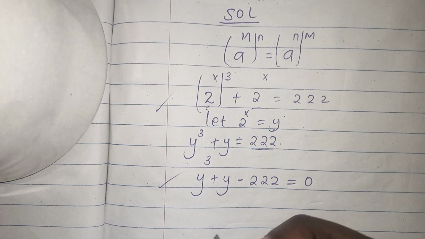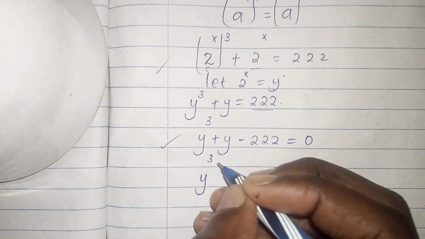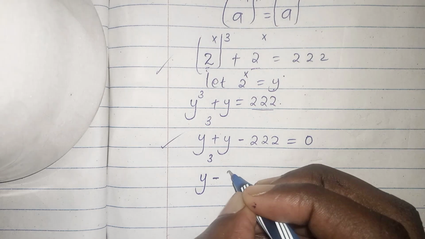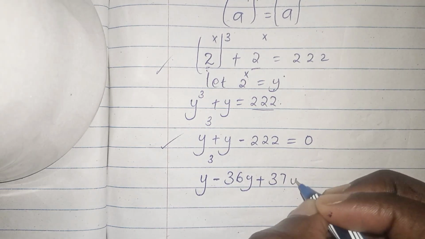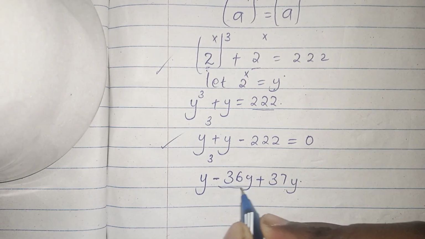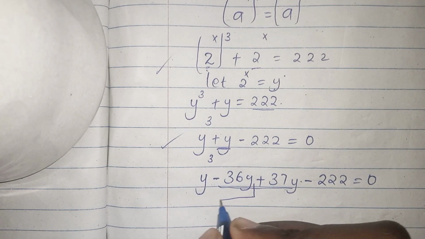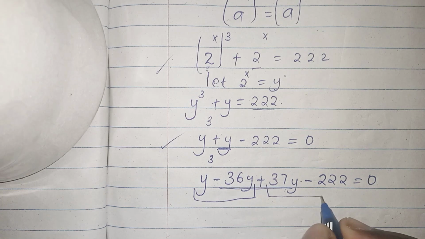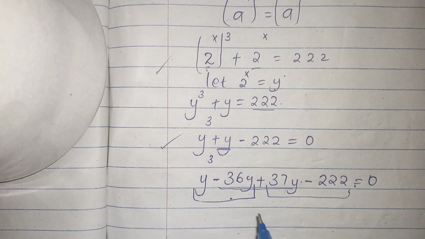Okay, so then we are going to take it as y cubed minus 36y plus 37y minus 222 is equal to 0. We shall consider this as our first term and this as our second term. For our first term, let us factor out our common factor, which is y.